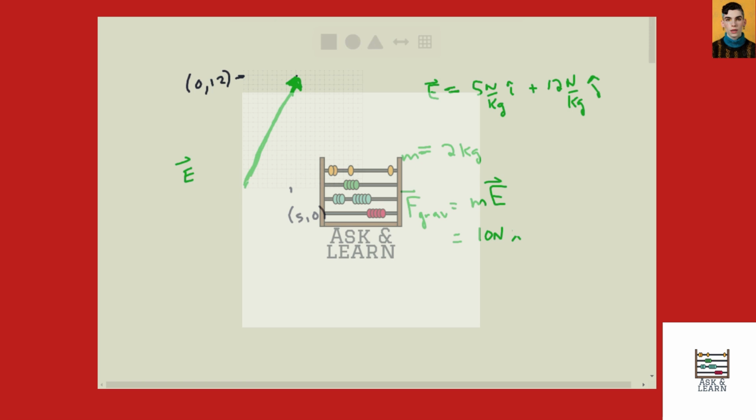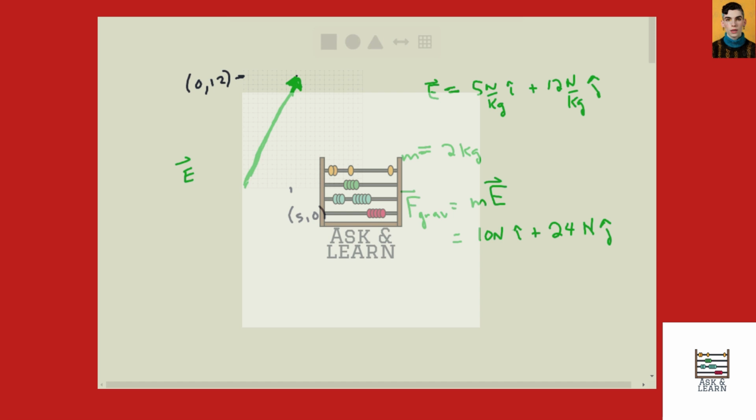And let's go ahead and use the i j notation. Recall that those just mean a direction in the x or y. They have magnitude of 1, but just point in a particular direction. And then we have 2 times 12, which is 24 newtons, and that goes in the y direction.